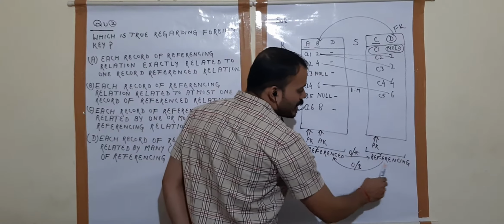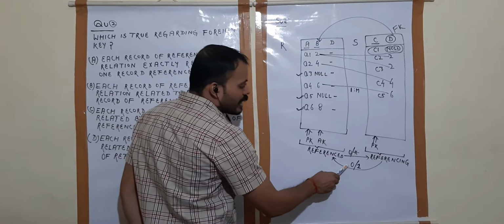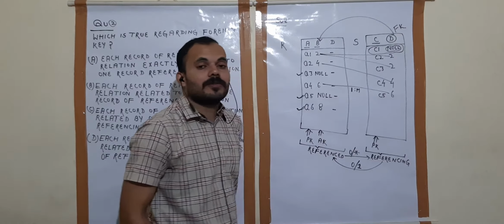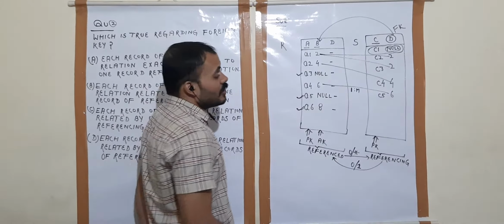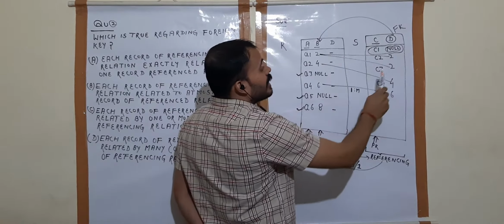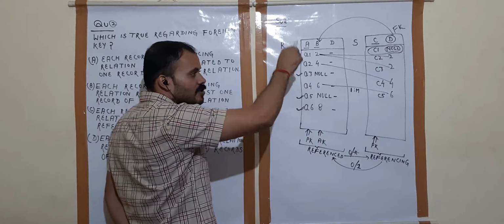each record of the referencing relation is either related with zero record of the referenced relation or one record of the referenced relation. See here, when the foreign key value is null, then this record is not related with any record of the referenced relation.